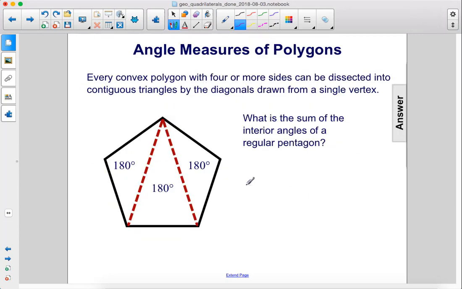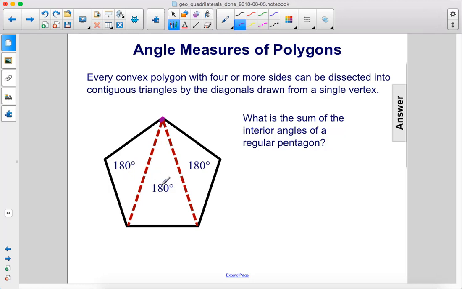Every convex polygon with 4 or more sides can be dissected into contiguous triangles by the diagonals drawn from a single vertex. What is the sum of the interior angles of a regular pentagon? All right, so we choose this vertex, we draw diagonals. Now we have 3 triangles in here.